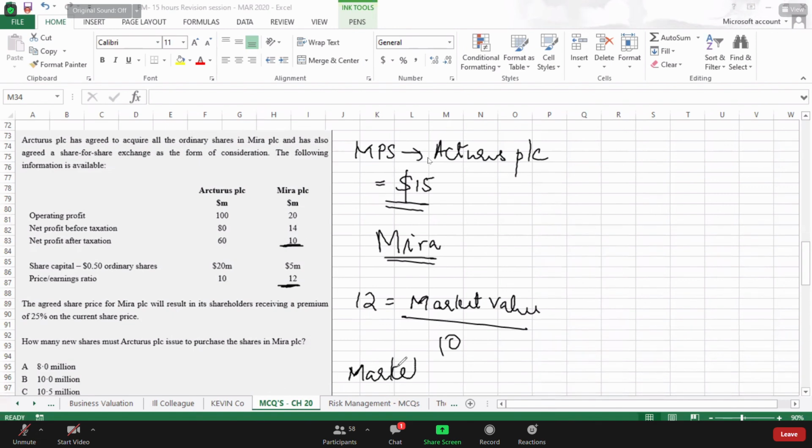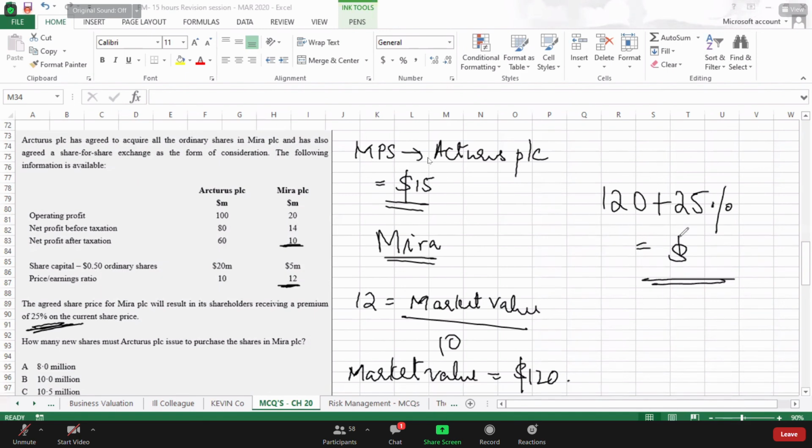So I get the market value as $120 million, correct? And they've told us that the agreed share price of Mira PLC will result in the shareholders receiving a premium of 25%. Whether I denote it in full value or on a per share basis, it means the same. So it's going to become 120 plus 25%, or in other words, 120 into 1.25. So the value is going to be 150 million in Mira.